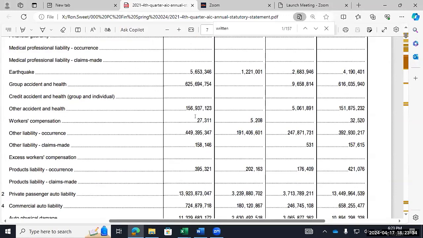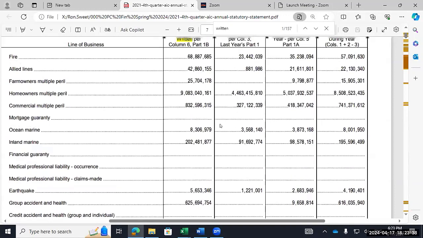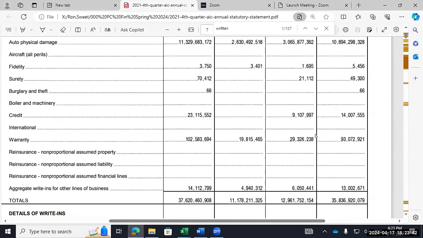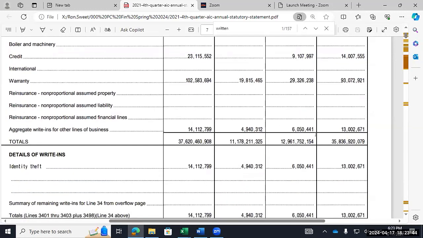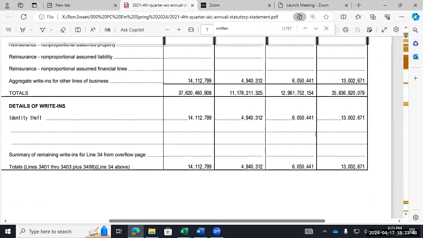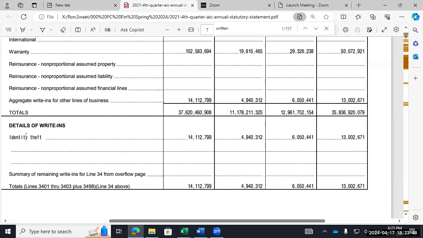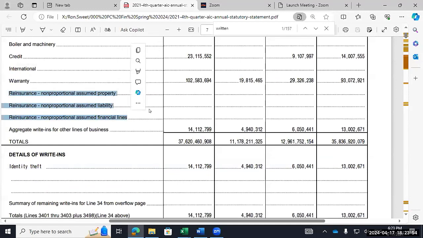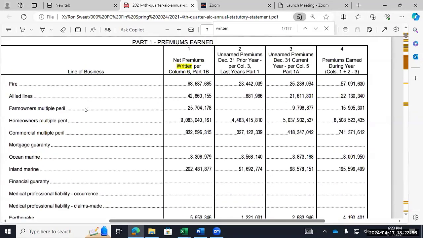They even have some workers' comp, which is really bizarre why they would have that. You see any other large business? There really aren't any others that are that large here. They do identity theft. That's kind of interesting. And it wasn't in the list, so they added it down. So here's the reinsurance stuff as well. So anyway.